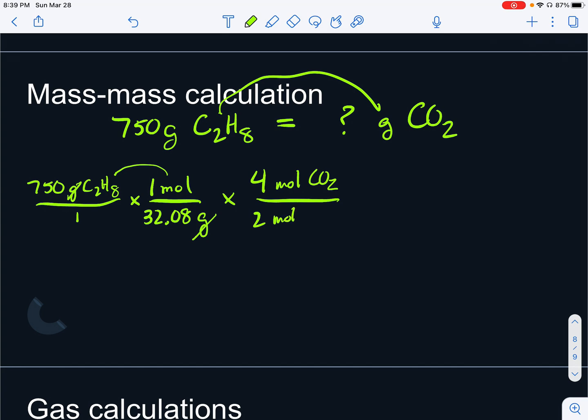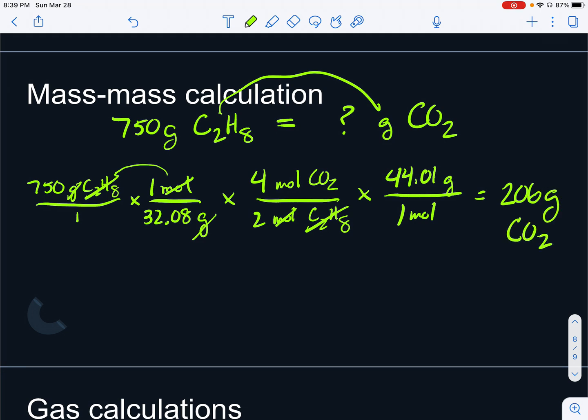So I go to the equation in the mole ratio, and that was 4 moles of carbon dioxide to 2 moles of ethane. So notice what happens here, that moles cancels out and ethane cancels out, leaving me now at moles of carbon dioxide. I then have carbon dioxide's molar mass, 44.01 grams in 1 mole.